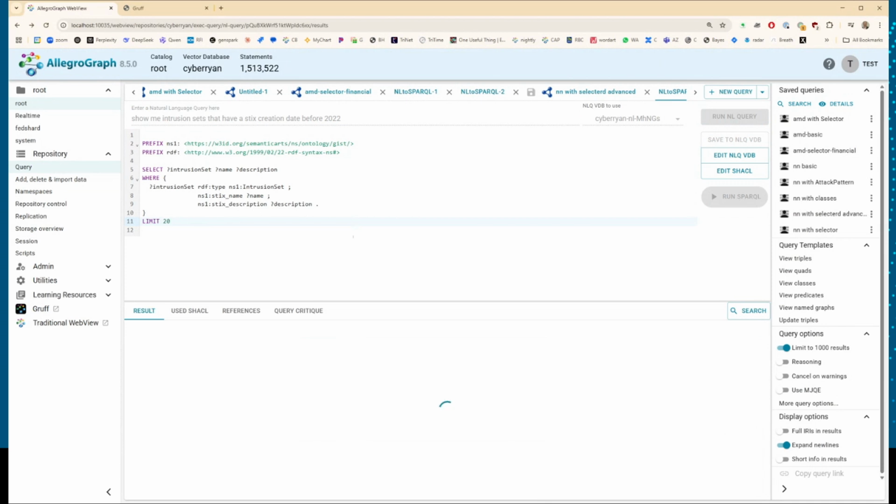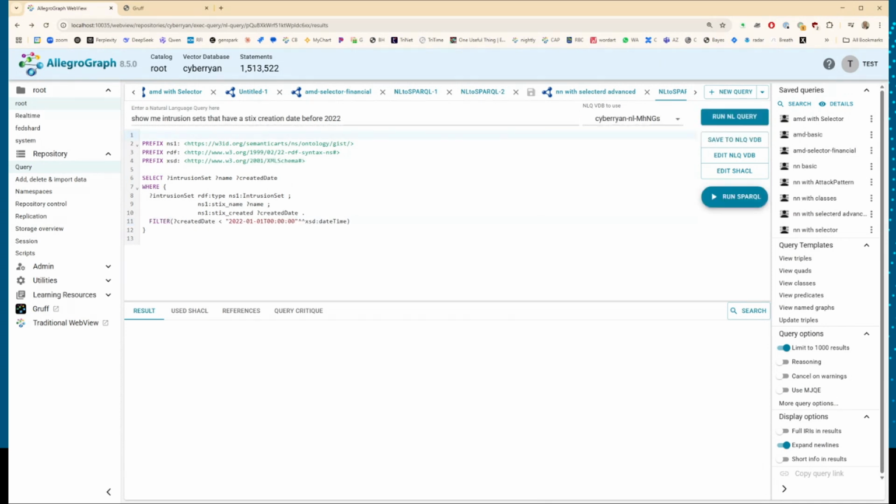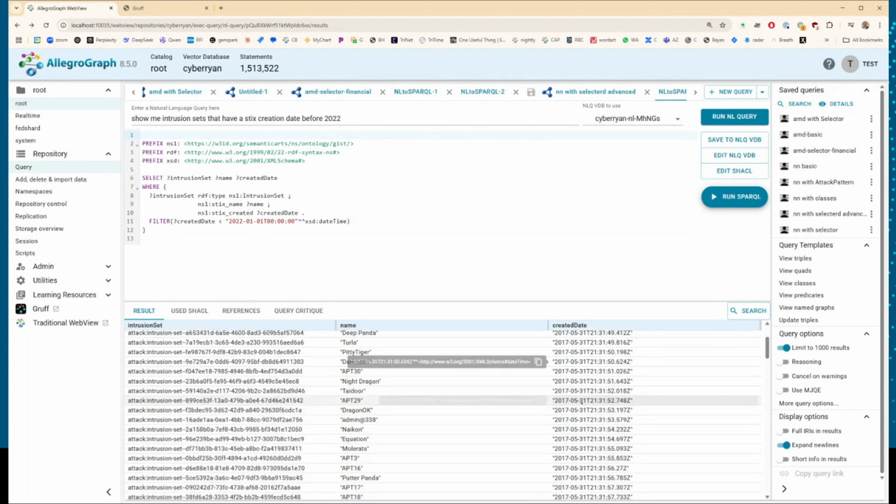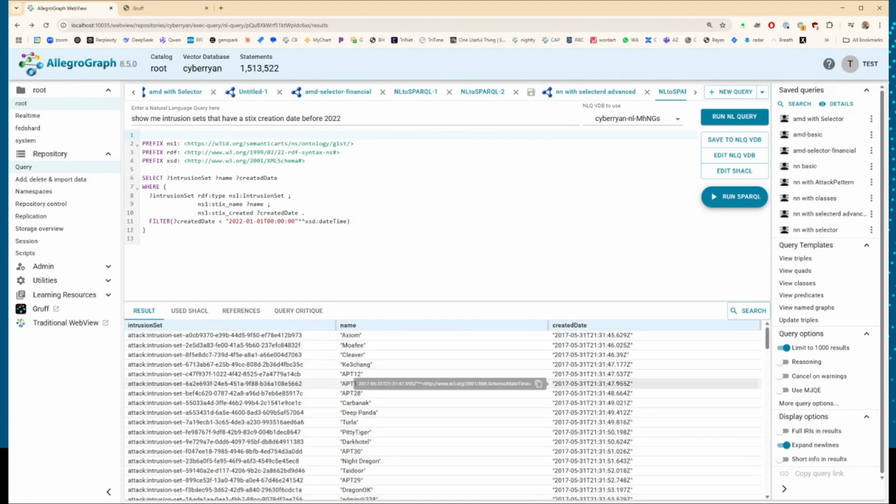I don't think I gave you anything in the graph. Yeah, you're right. This is not the date of when the intrusion set was created, because we don't have that information, right? But I just wanted to show the principle of it. I can also say after 2021, right, and run it.